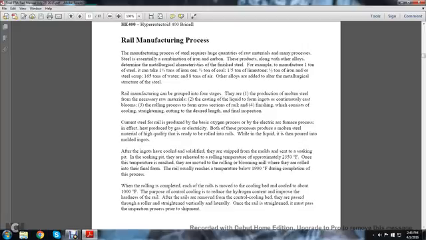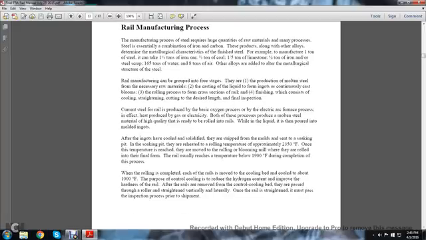While liquid, the steel is poured into ingot molds. After an ingot has cooled and solidified, it is stripped from the mold and sent to a soaking pit. In the soaking pit, it is reheated to a rolling temperature of approximately 2350 degrees Fahrenheit. Once the temperature is reached, the ingots are moved to the blooming mill where they are rolled into the final form.